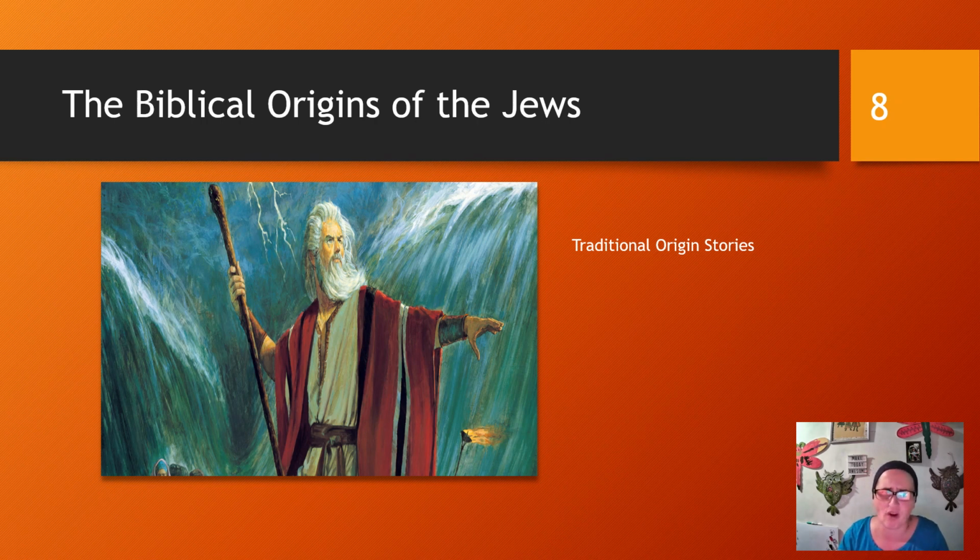That for the Jews, their origins lay in the legendary stories of some major founding figures that existed before we have any type of historical evidence. So this week we're going to try to parse out what exactly we have historical and archaeological evidence for and what we don't, where we're only relying on the Bible to tell the story.